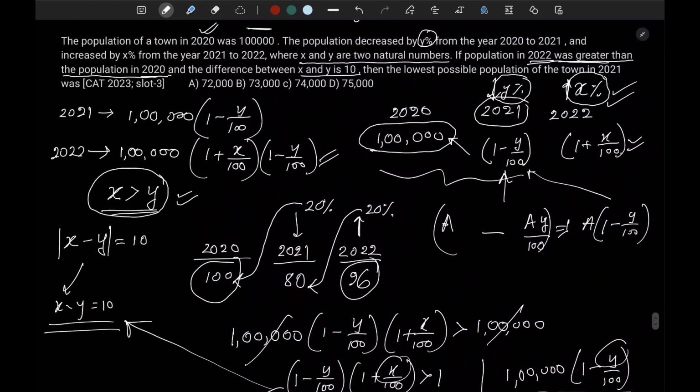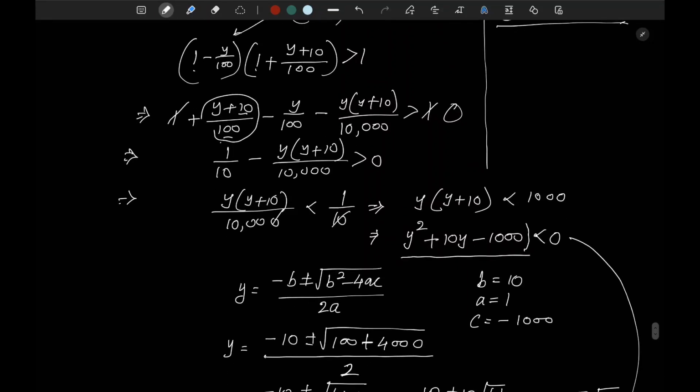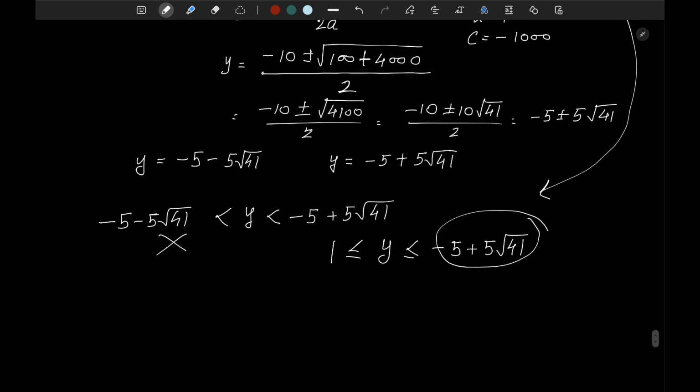They have mentioned in the question that x and y are two natural numbers. That means negative values can be ignored of y. So this goes out and you have basically your y is less than equal to minus 5 plus 5 root 41. Let's see what value this thing provides.